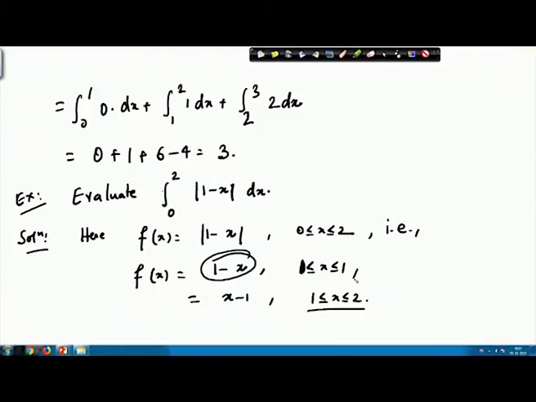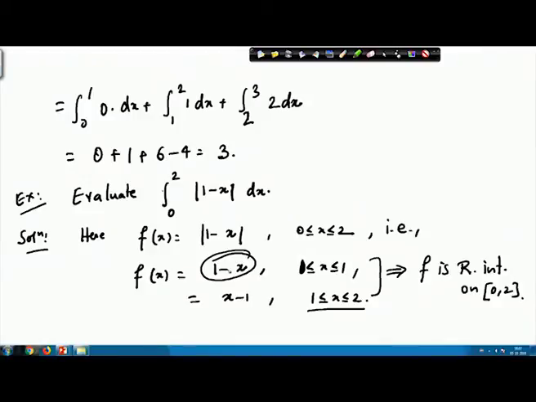Since the function is continuous between 0 and 2, it is obviously Riemann integrable on 0 to 2.